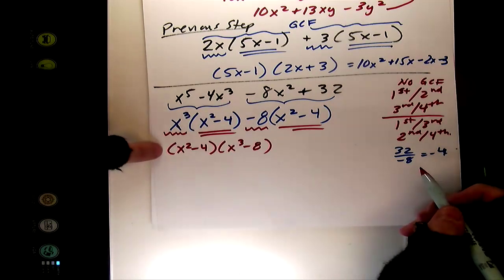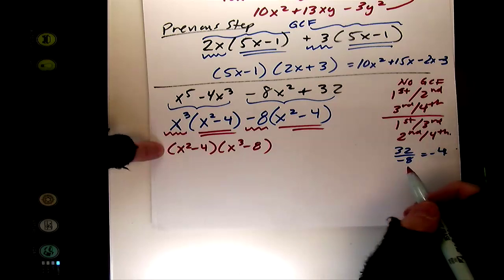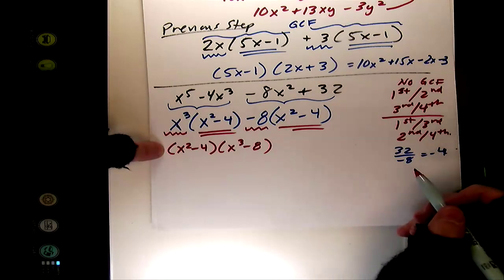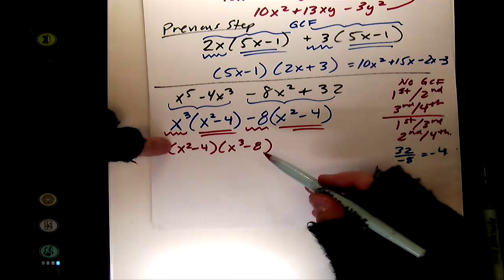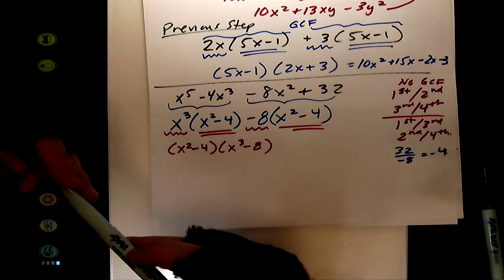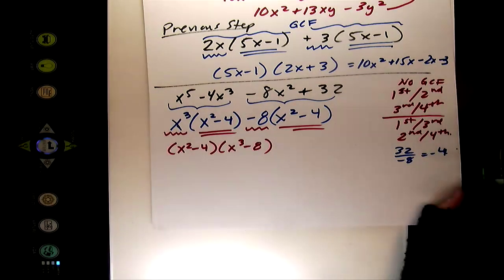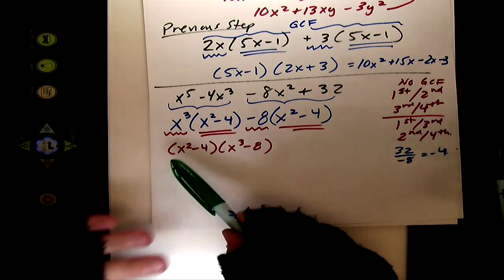If the thing in front, the variable, has an exponent, you need to check to see if it factors further. If it doesn't have an exponent, like 2x plus 1, it doesn't factor further. But we've got an x squared and x cubed, so we've got to see if these factor further. These fall under the two-term thing.